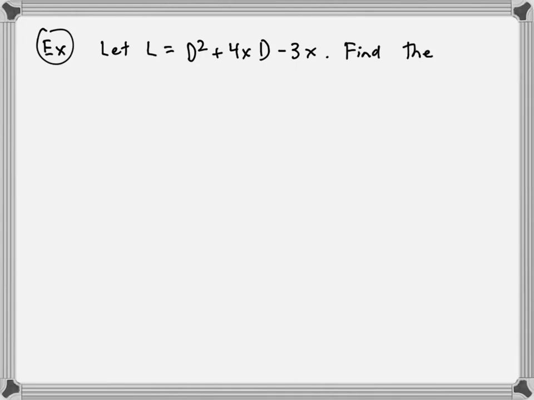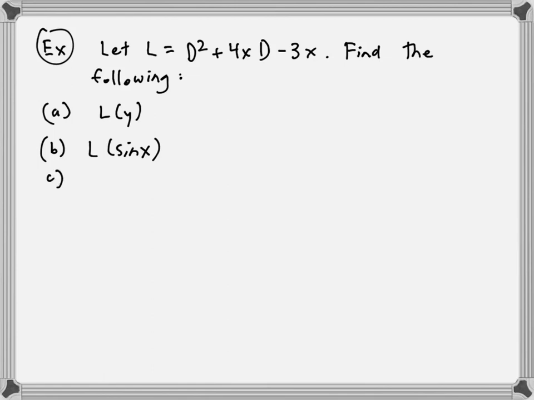Find the following. So part A, what would L of y be? Part B, what would L of sine x be? Part C, what would L of x squared be?